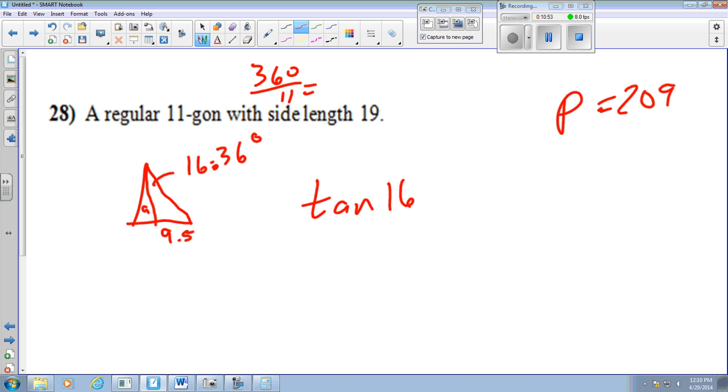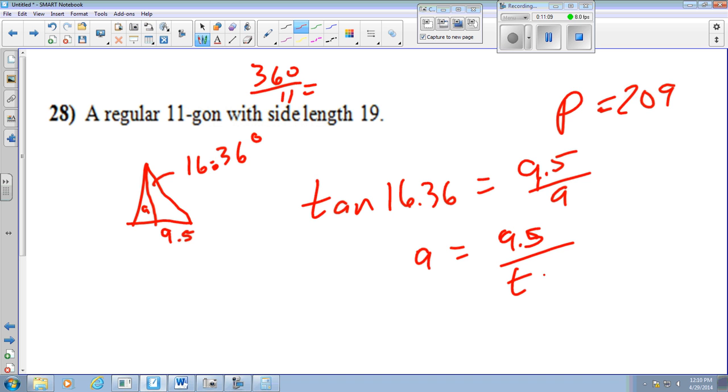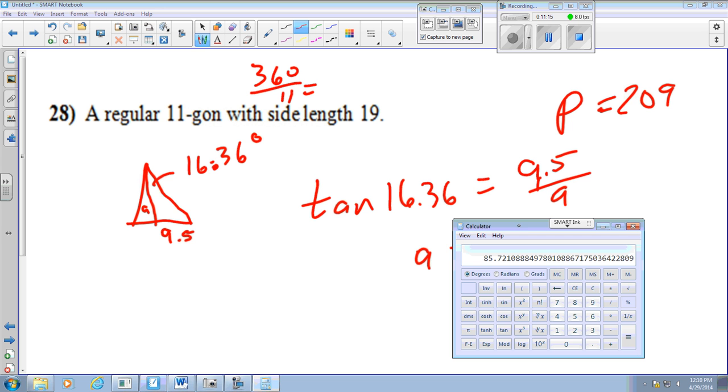Tangent of 16.36 degrees is equal to the opposite over the adjacent. If I switch, I get 9.5 divided by the tan of 16.36. Let's get my calculator out here.